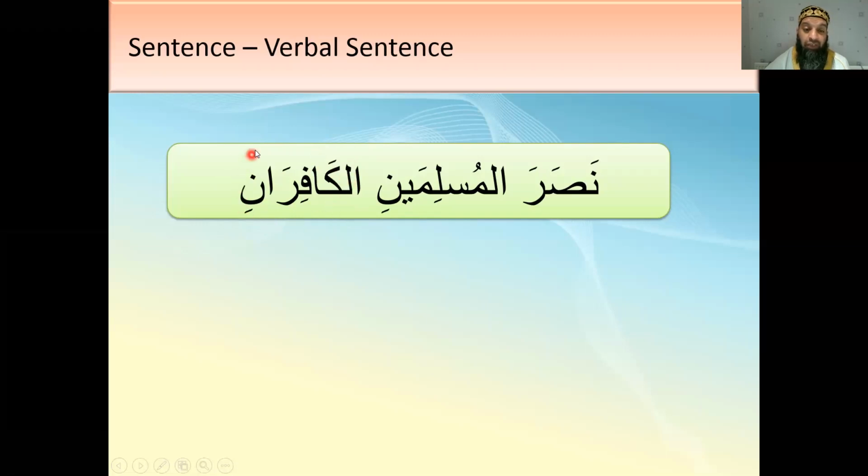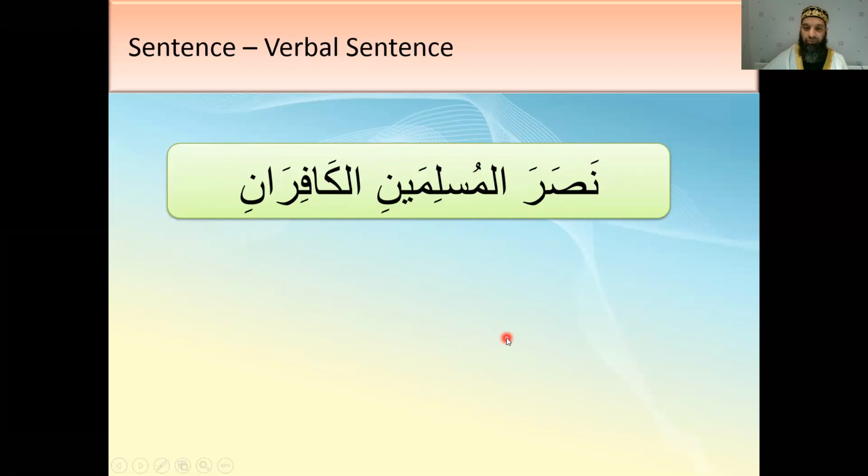Why? Because Kafirani is marfu. Ani is marfu for dual. So the Kafirani, the two disbelievers, did the helping. And who did the help? Al-Muslimaini. That's mansub dual. Aini is mansub and majroor dual, but we know it's mansub because it's a verbal sentence and it's the object of the verb. It's the thing the verb is being done to. Yep. So these are just examples.